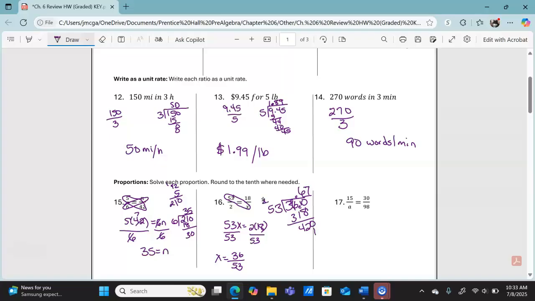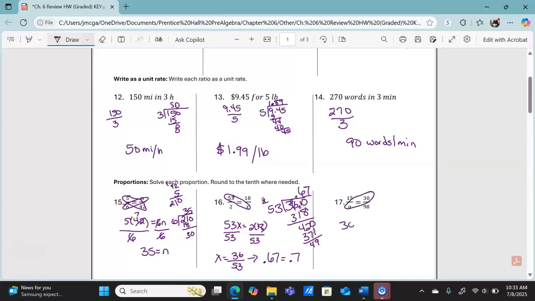Carry the 2. 35 plus 2 is 37. That would be a 9 and a 4. It doesn't divide evenly, but it says round to the nearest tenth. So I had to go out to the hundredth in order to figure out where to round. And so because that's a 7, the 6 is going to round up.